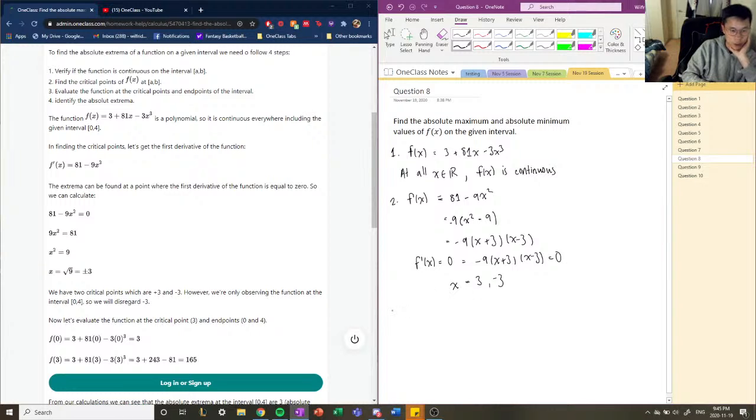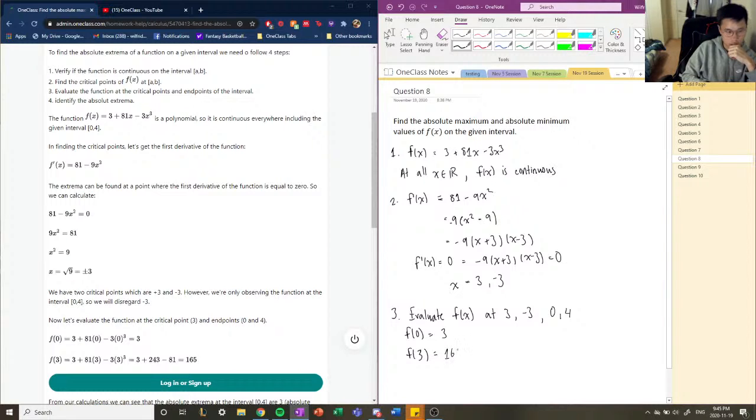Now the third step is to evaluate these critical points and endpoints. So evaluate f of x at 3 and negative 3, and we need to check our interval endpoints too, so 0 and 4, okay? So f of 0 would equal 3, okay? f of 3 is 3 times 81 times 3 minus 81, which is 165.